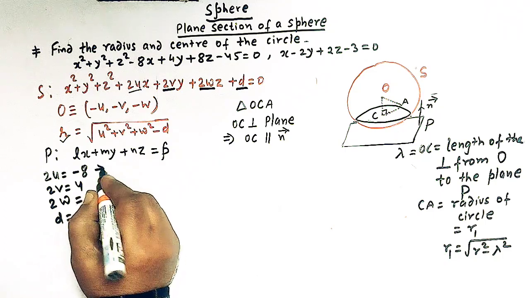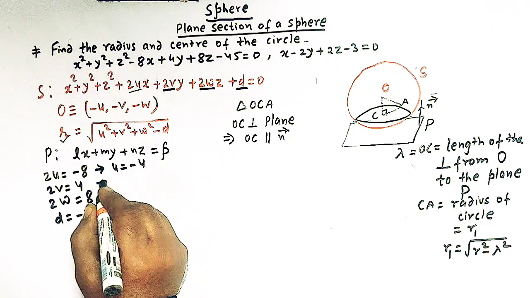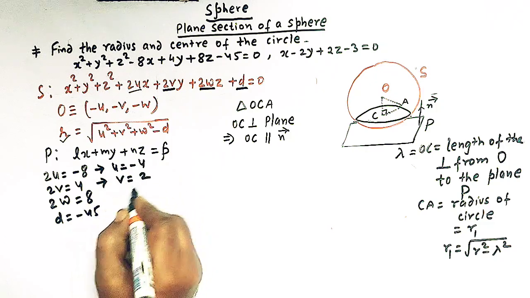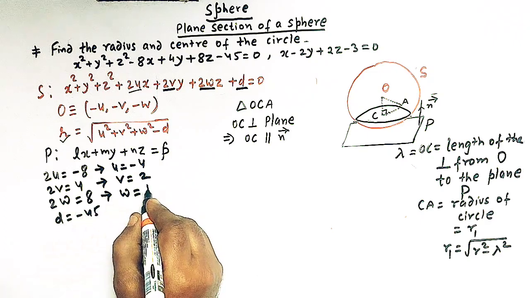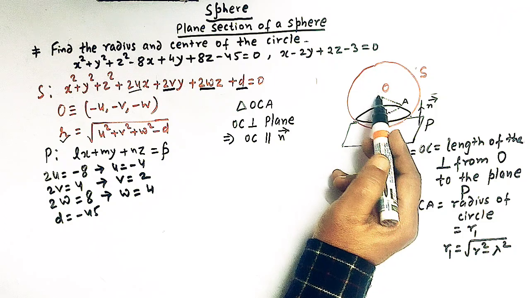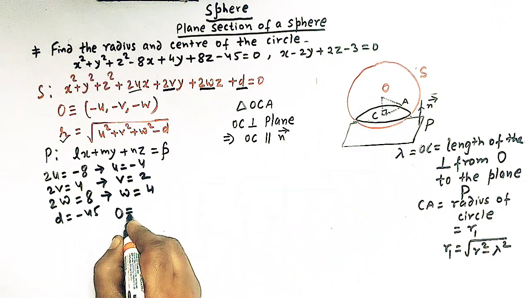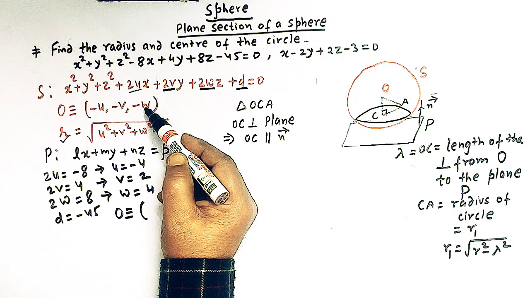So from here we get u is equal to minus 4, v is equal to 2, and w is equal to 4. The center of the sphere O is given by minus u, minus v, minus w.